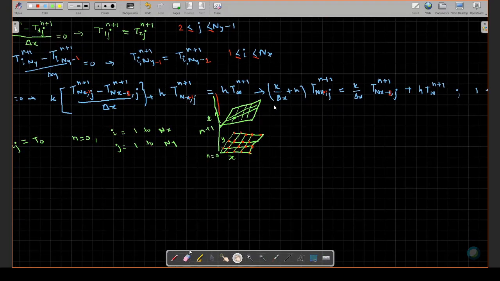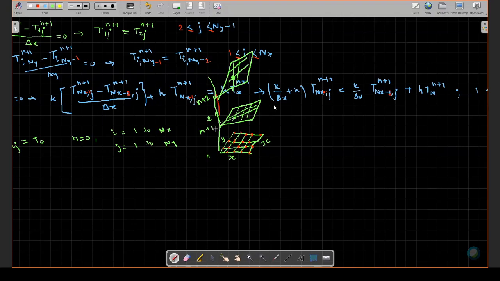In this case, the nth level value is n equals 0. Now suppose n plus 2. When you move to another time, you will have the same grid, but at n plus 2. To calculate a value there, we are going to take the n plus 1 values, which are already calculated using initial conditions.